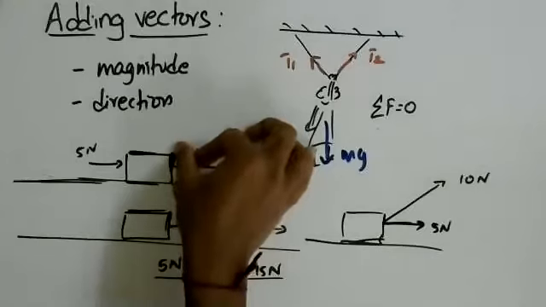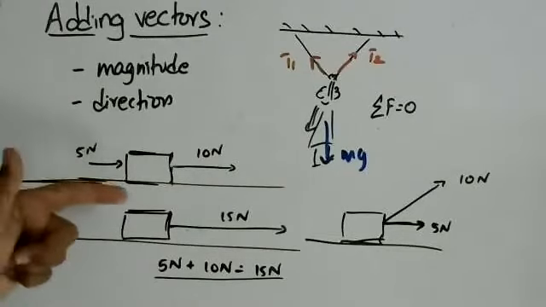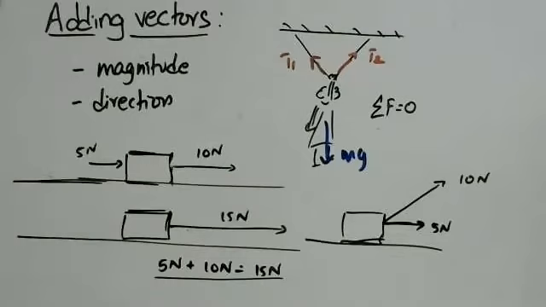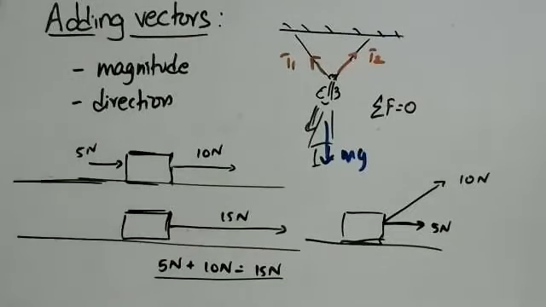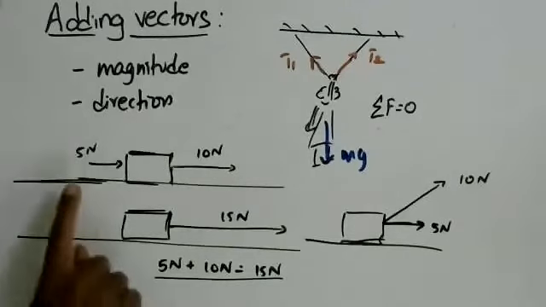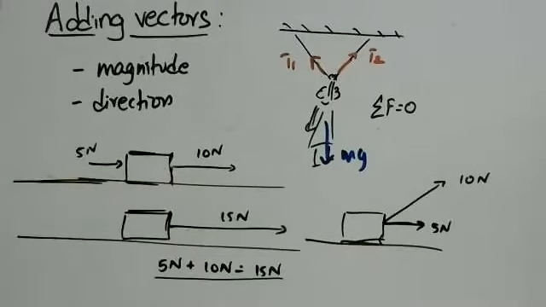So I take the simplest situation possible. We look at two forces, one 5 Newton, one 10 Newton, acting on an object. The 5 Newton force is acting from here and the 10 Newton from there. In this case, it's a very simple result. The resultant vector, which is the 15 Newton vector, can simply be found by adding up the magnitudes of the two constituent vectors. The reason this is possible is because both forces are acting in the same direction, so the resultant force will also come out in the same direction.